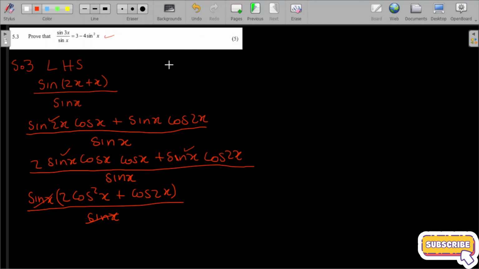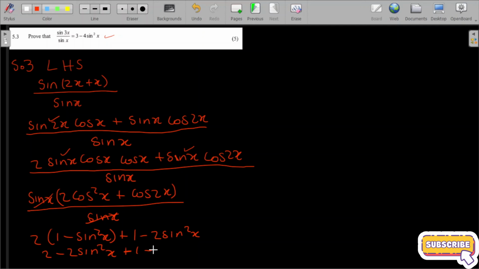Now this sine x cancels this sine x, but now what is very important, according to what I'm proving, this thing here has a sine. So what is cos squared x that has sine? Remember, cos squared x is just 1 minus sine squared x. Now another thing here, plus the double angle of cos that has sine is 1 minus 2 sine squared x. Now times in here, this and this is just 2, and then minus 2 sine squared x.